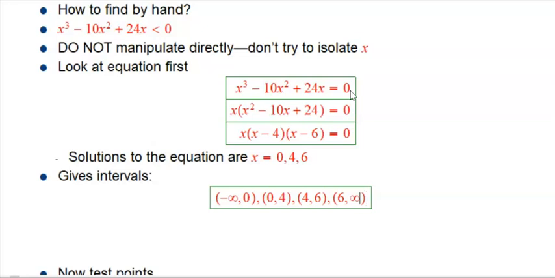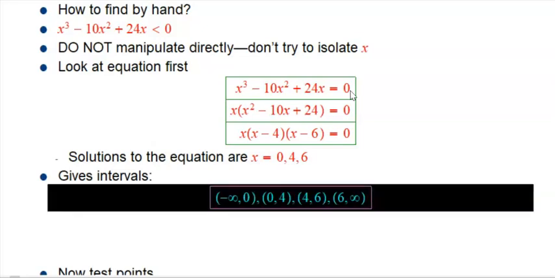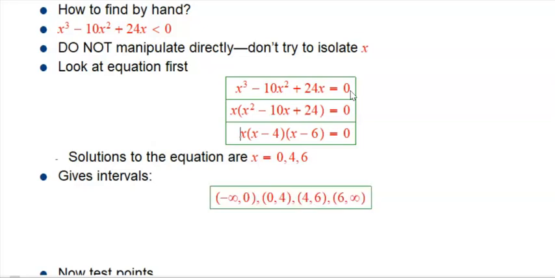It's going to have the same sign on all of each interval. It can't switch in the middle of an interval because it can't just decide to switch sign without crossing the axis. And so now we just need to test.